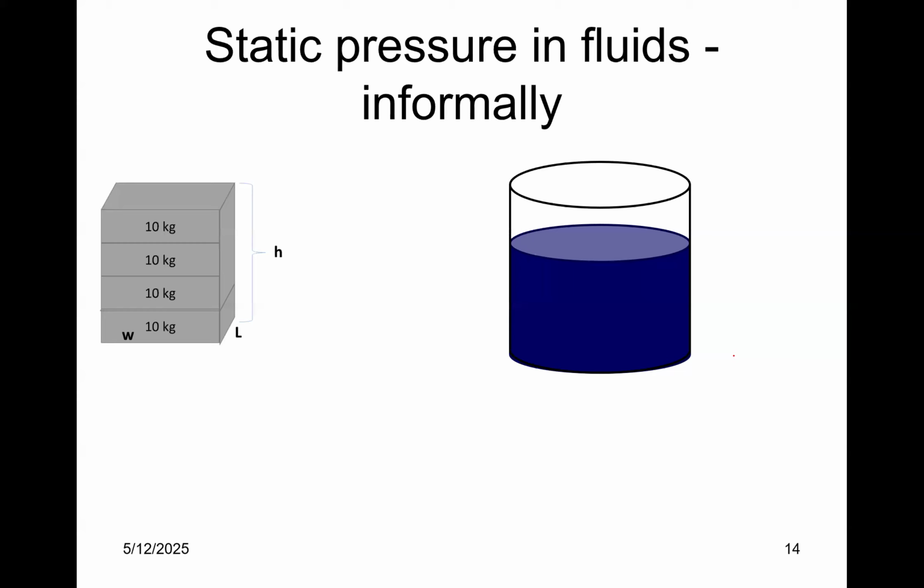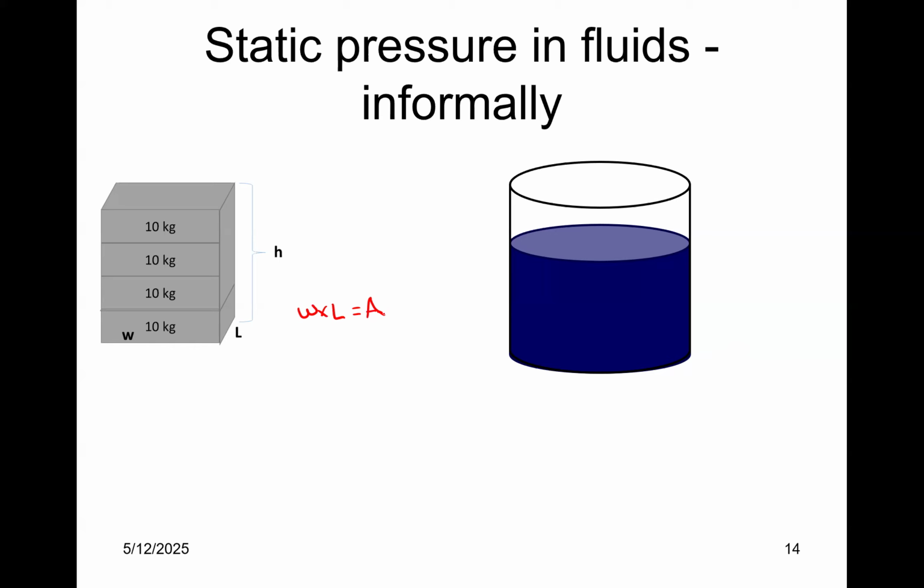Now, when you are looking at a pressure, let's say that you want to calculate the pressure at the bottom of this stack of solids, and then we will compare that as we do the liquids as well. So the area at the bottom of this unit would be W times L. That's going to be the area.